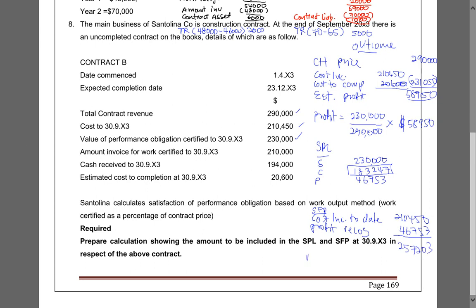And how much did I bill? Amount invoiced 210000. So 47203 is the contract asset. Trade receivable: I billed 210000. Cash received is only 194000. So 16000. Done.